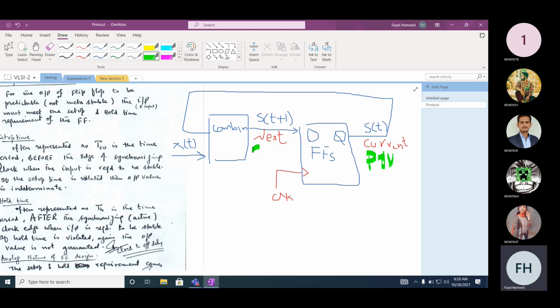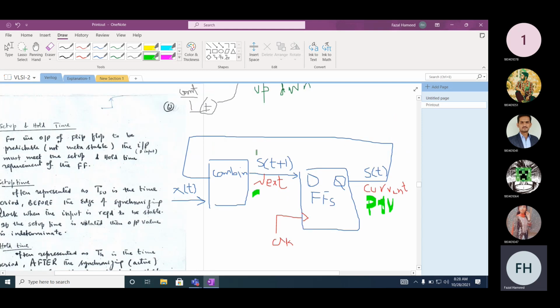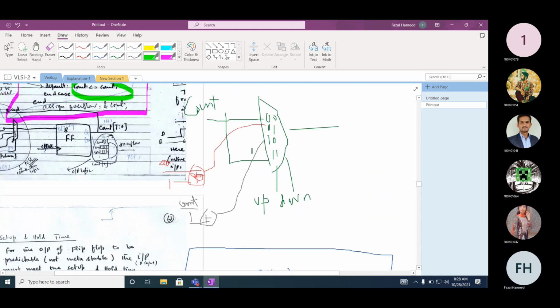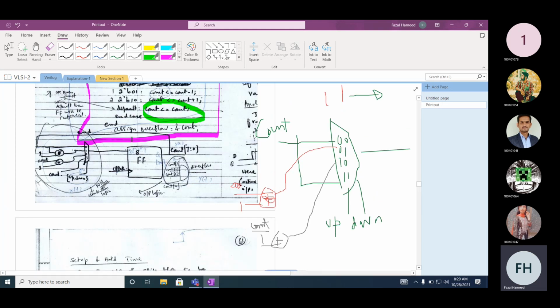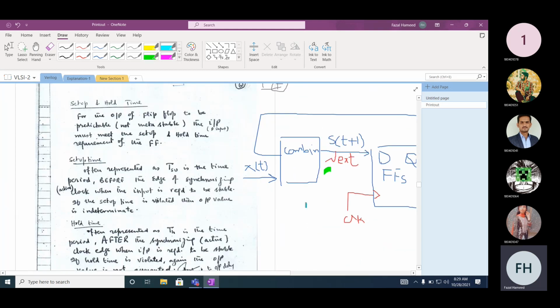Okay, now take an example. In this example, we design a counter. When we design a counter, there are 8 flip-flops, and the output of the flip-flops will feed back to some multiplexers, some combination of multiplexers and some combination of adders. So what was in this combinational block?